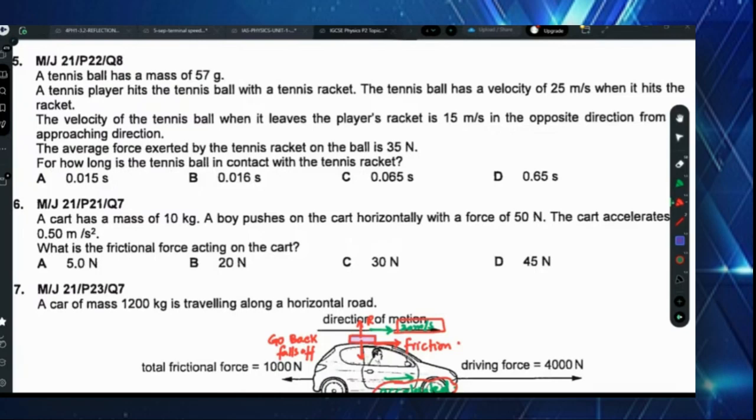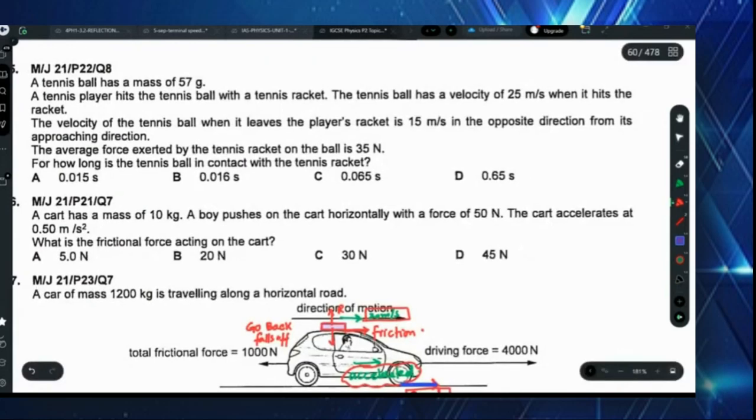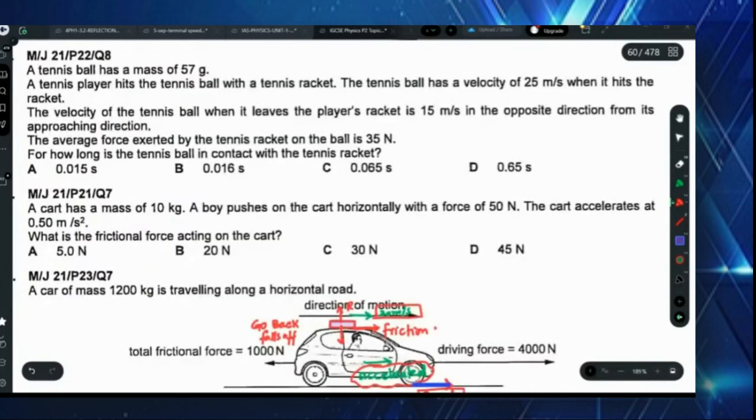Okay, now check this one out. This is your question number 5 of this chapter. A tennis ball has a mass of 57 grams. And then the tennis player hits the tennis ball with the tennis racket. The tennis ball has a velocity of 25 meters per second when it hits the racket.